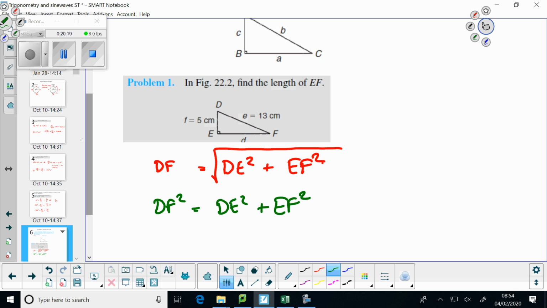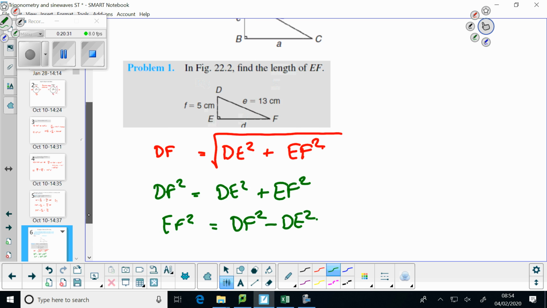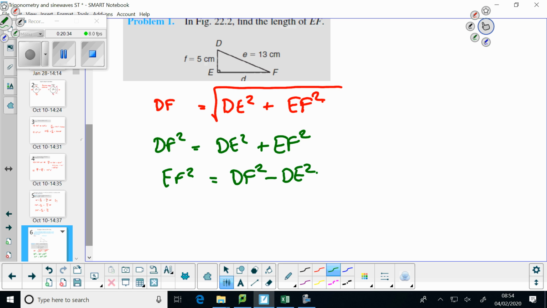Subtract the de squared, so let's have our ef squared over here, because that's what we want to find, equal to df squared minus de squared. And then lastly, we want ef, not ef squared, so square root both sides.